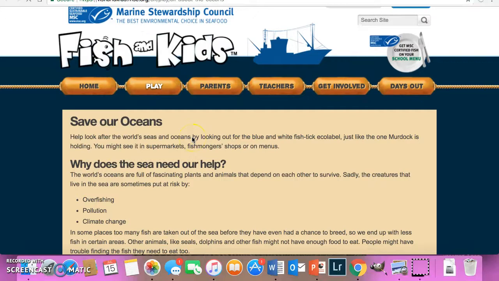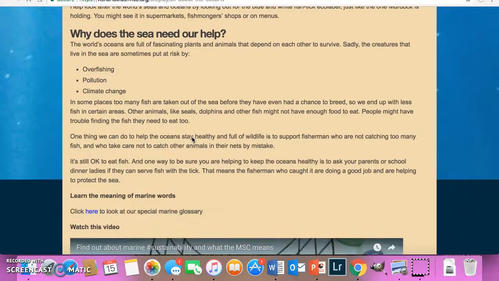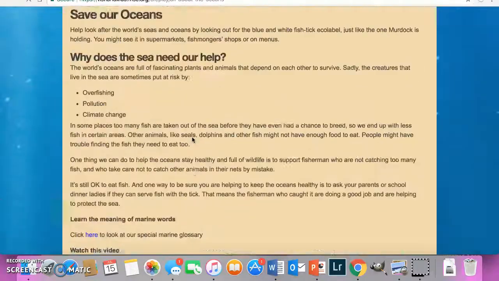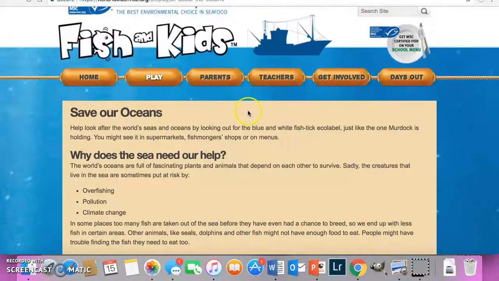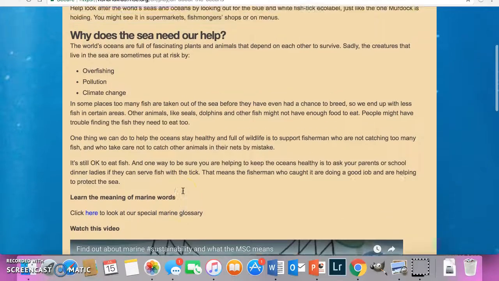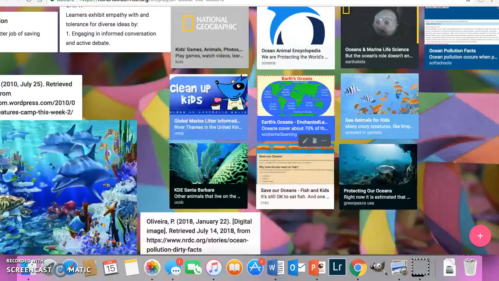This website, Fish and Kids, gives us lots of information about how to save the oceans. Here we go. So what does the sea need? Why does the sea need our help? Again, there are some videos that you can look at, and maybe you can find some information here. You can look at the marine glossary to help look up the meanings of different words.